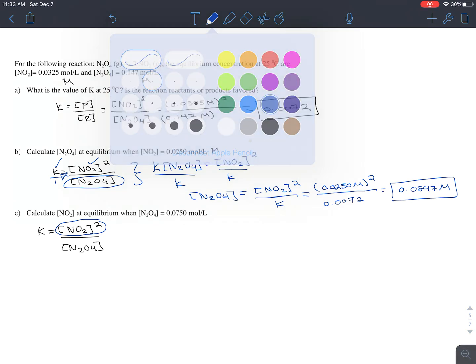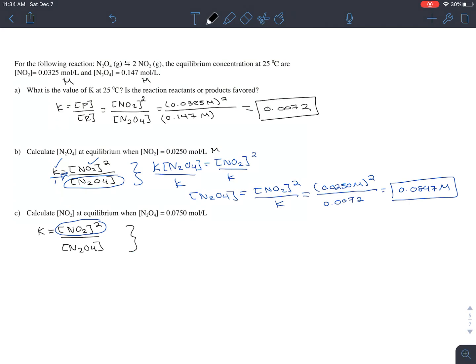I'm going to plug in my numbers first this time instead of isolating. So I know I have my K. It's 0.0072. And then I don't know my NO2 here, so I'm going to leave that the way that it is. Should put that in brackets because that's concentration. And then I know my dinitrogen tetroxide, 0.0750 mole over liter molarity.